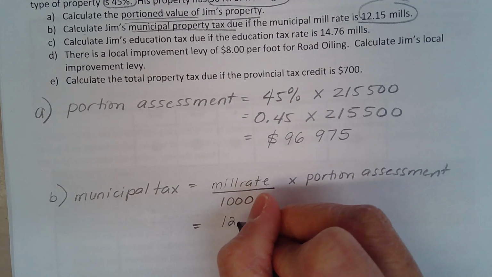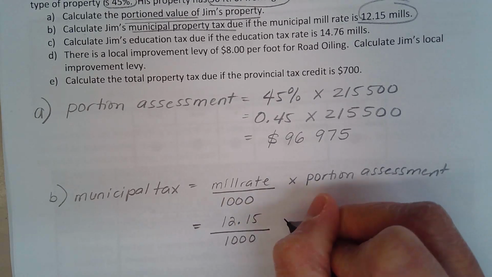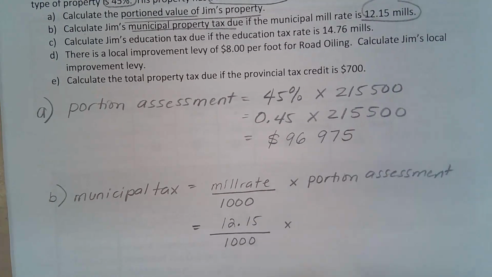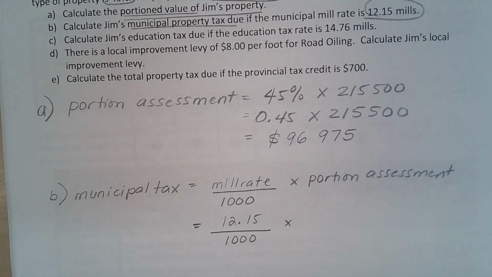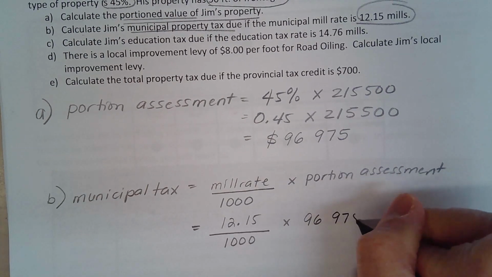So 12.15 divided by 1,000 times the portion assessment. That's the reason why we had to calculate the portion assessment first. 96,975.